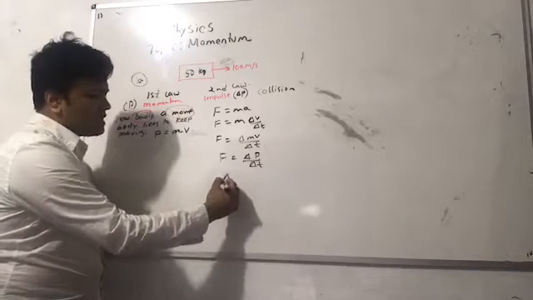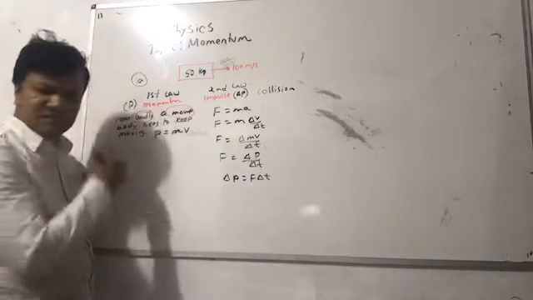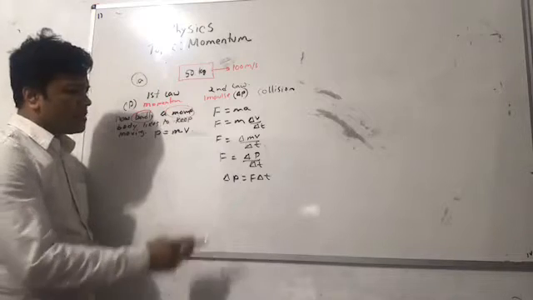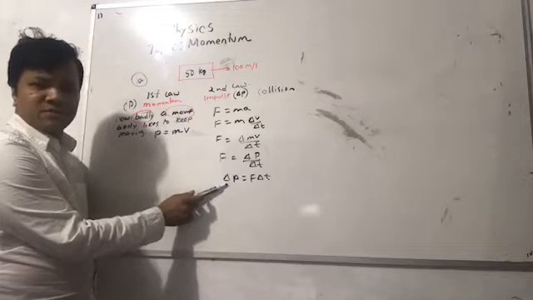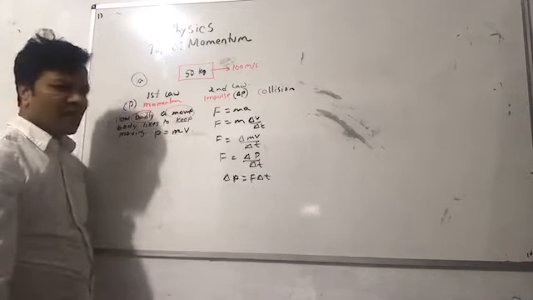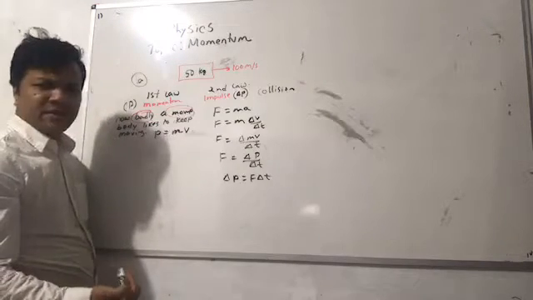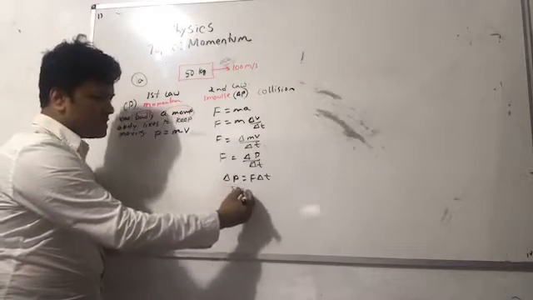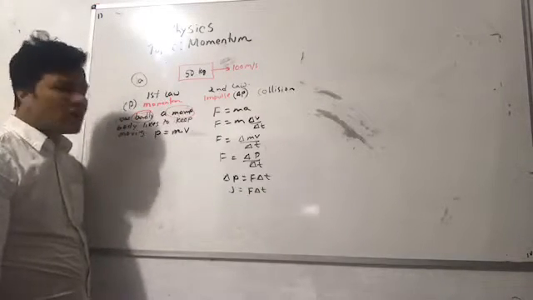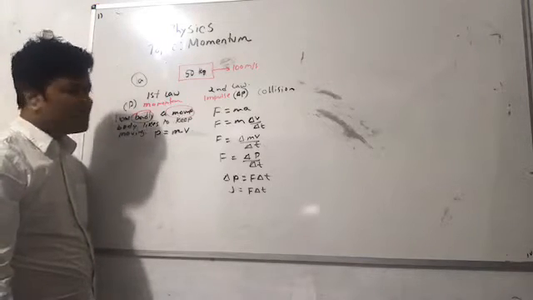Then delta p is equal to F delta t. So impulse is F delta t. There is a symbol for impulse, and that is J. J is F delta t. So we derived the equation for impulse using Newton's second law.